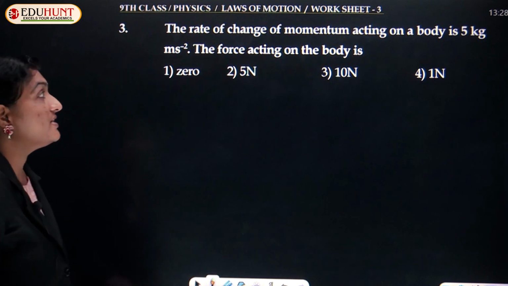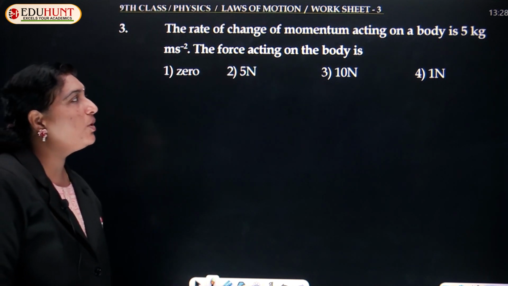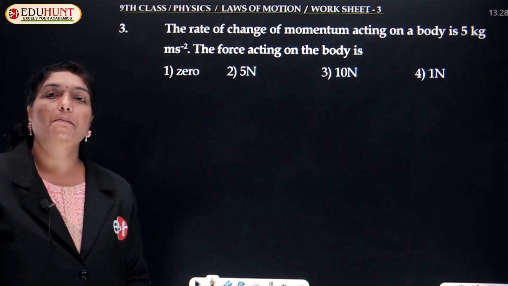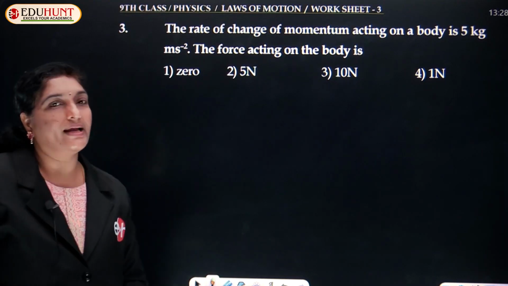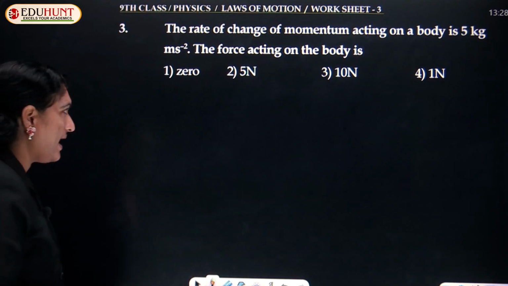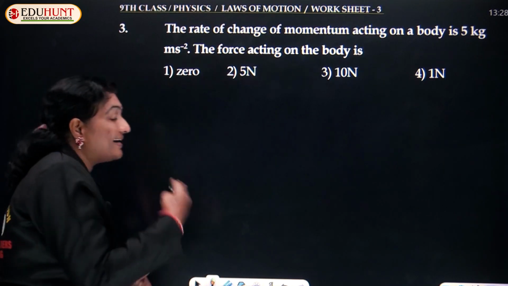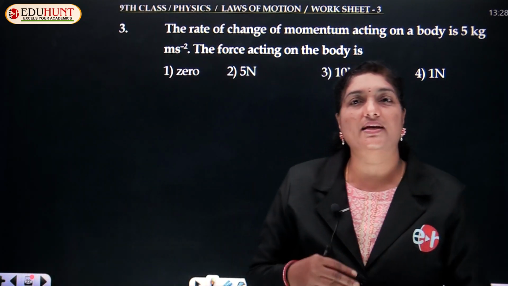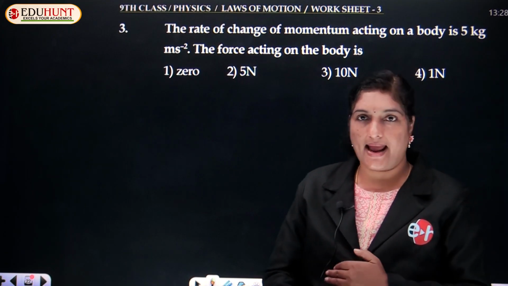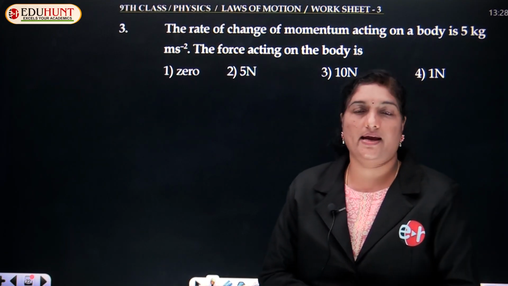The rate of change of momentum acting on a body is 5 kg meter per second square. The force acting on the body is... we have discussed that the rate of change of momentum is directly proportional to the net external force applied, Newton's second law.